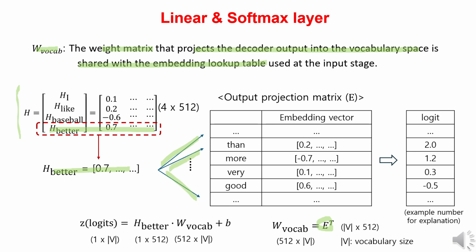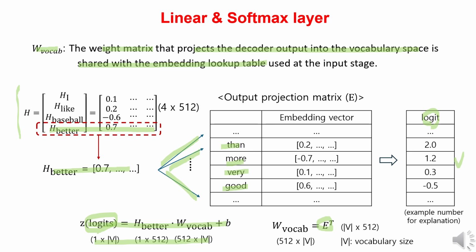And for each word, such as than, more, very, and good, a score indicating how well it matches as the next word, that is, a logit, is computed. Through the equation explained in the previous slide, a logit vector for all words in the vocabulary is produced, and the dimensions of the vectors and matrices at this stage are shown below.